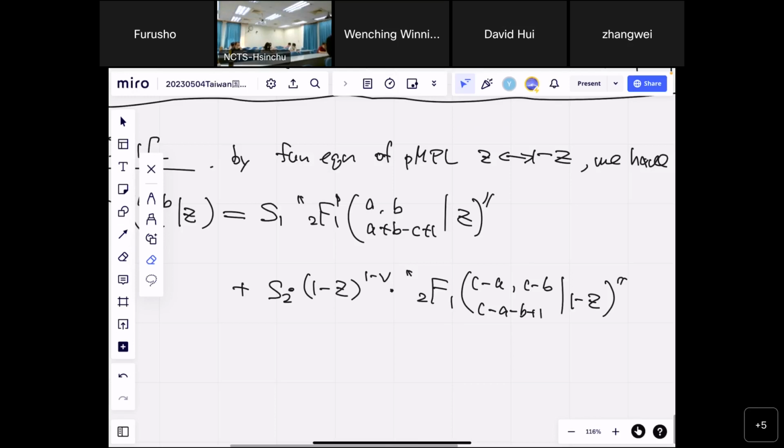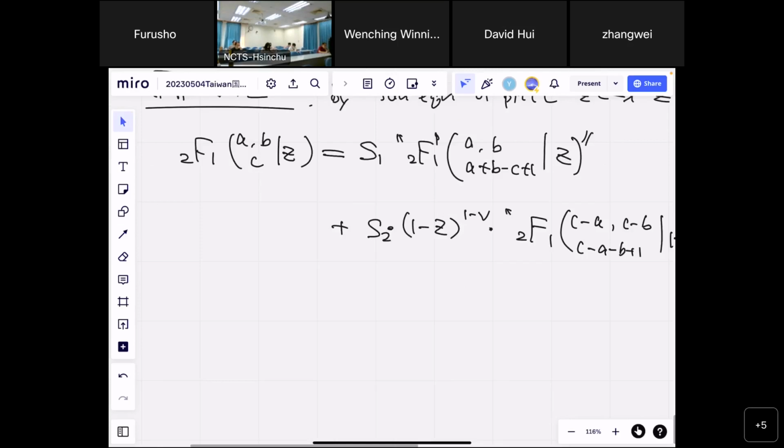By a similar argument, we can get a kind of symmetry of multiple p-adic hypergeometric functions.